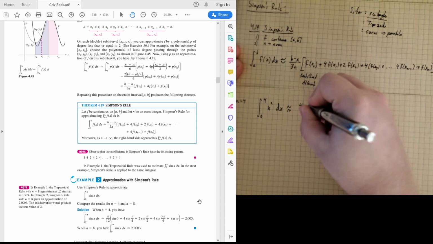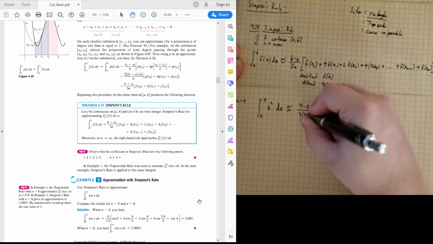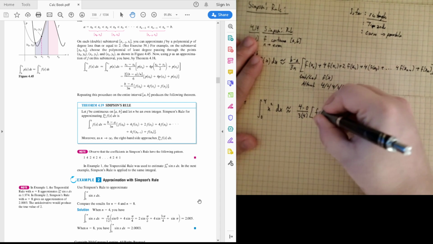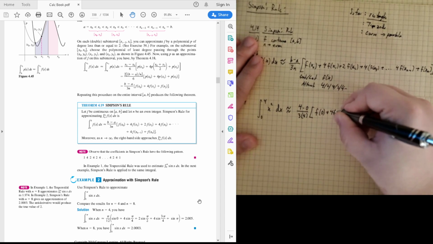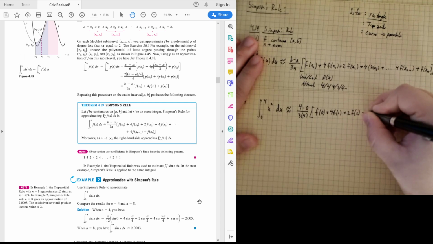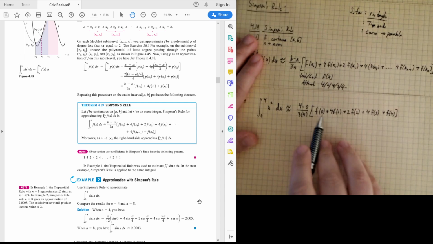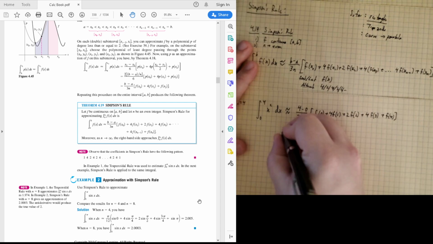So 4 minus 0 over 3 times n, which is 4. Okay. Then we do f of the first value, so that would be f of 0 plus 4 f of 1 plus 2 f of 2 plus 4 f of 3 plus our last one, which is f of 4. Notice it starts and ends the same, and then it goes 4, 2, 4, and then continues that pattern until it runs out. All right, what's this equal to?